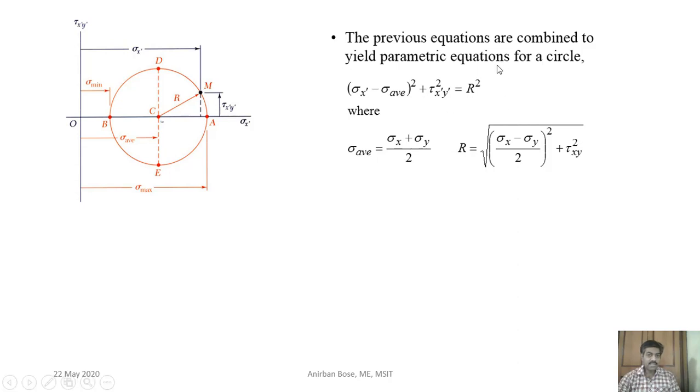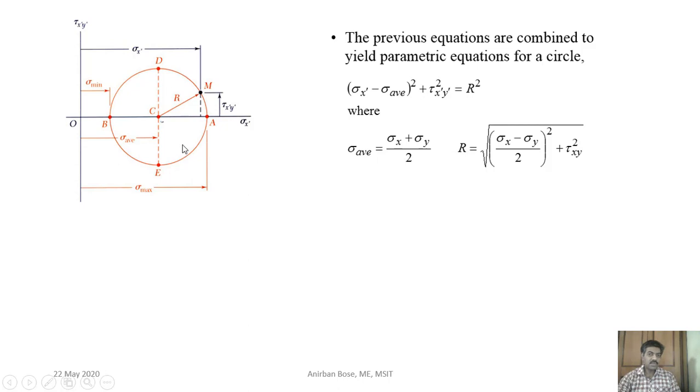Clearly, this is the expression of a circle where (sigma average, 0) is the center and r is the radius of the circle. So if you draw that circle, considering (sigma average, 0) as the center and r as the radius, you will get this circle.